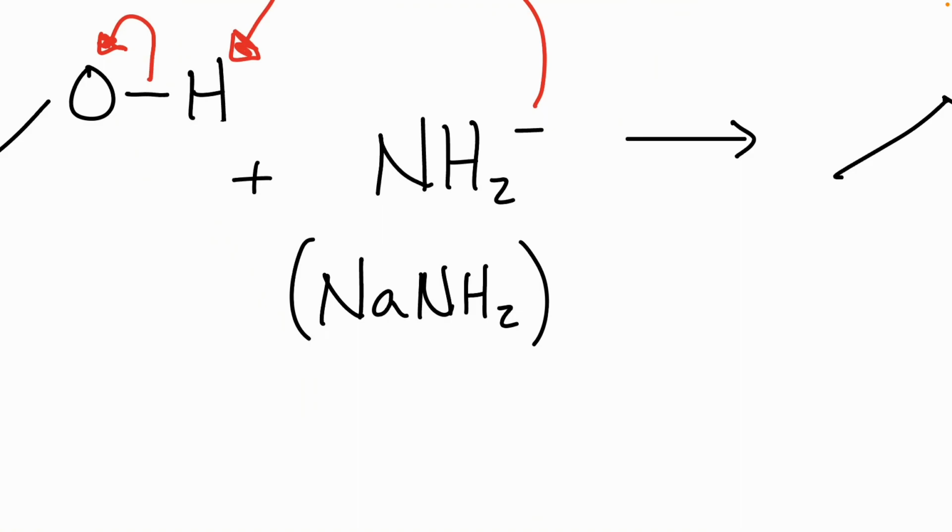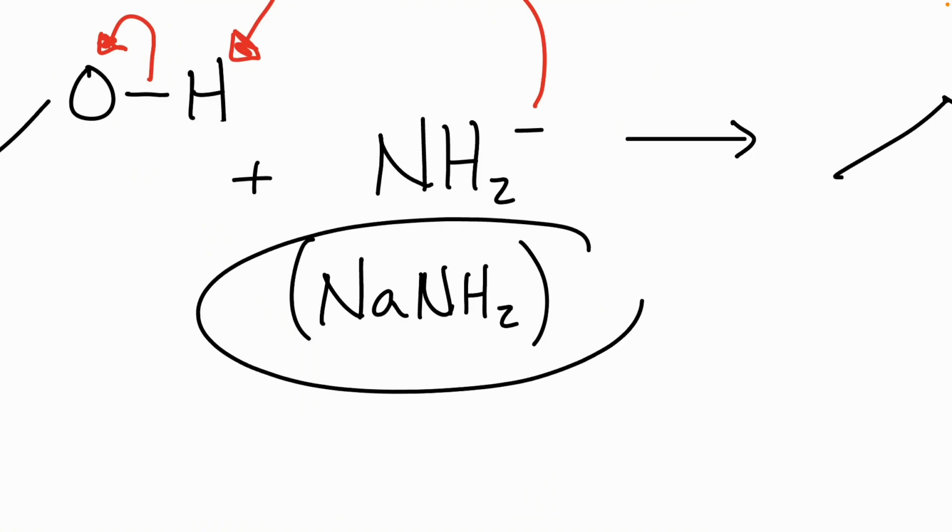But if you go log on to Sigma Aldrich's website where we buy chemicals from, you can't buy a bottle of just a negatively charged ion. It doesn't work like that, right? It always has a counter ion paired with it. So if you were to go to buy these reagents, or you were to look in the stockroom, you will always find them paired with that counter ion, right?